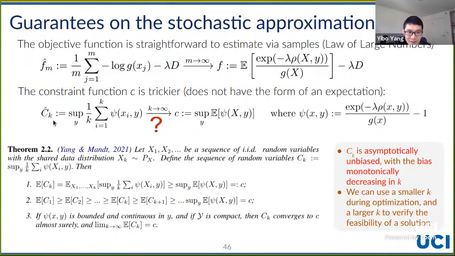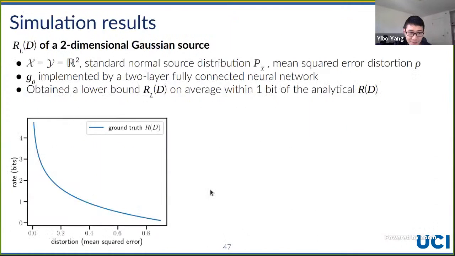It turns out this is more or less justifiable. Basically, this estimator that we developed here by maximizing over a finite number of samples, we've shown theoretically that this is asymptotically unbiased, and the bias monotonically decreases with the number of samples. This is also strongly consistent, so it has guarantees on the exactness if you have an infinite number of samples, of course.